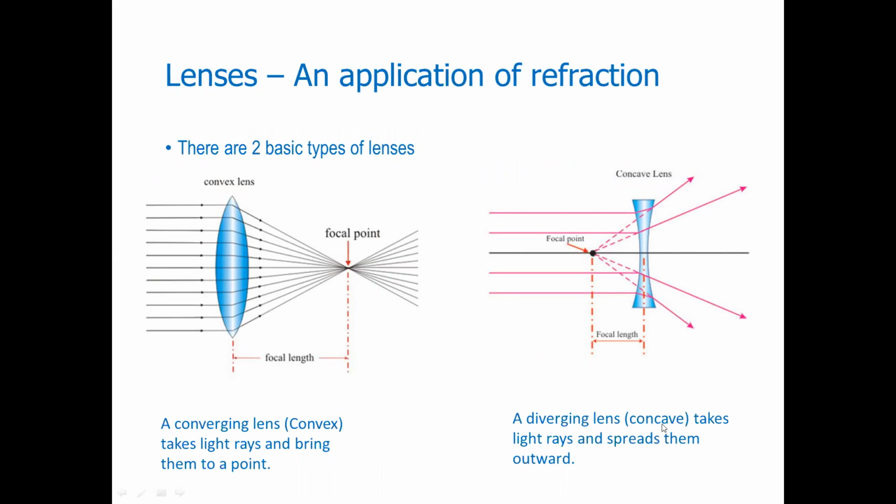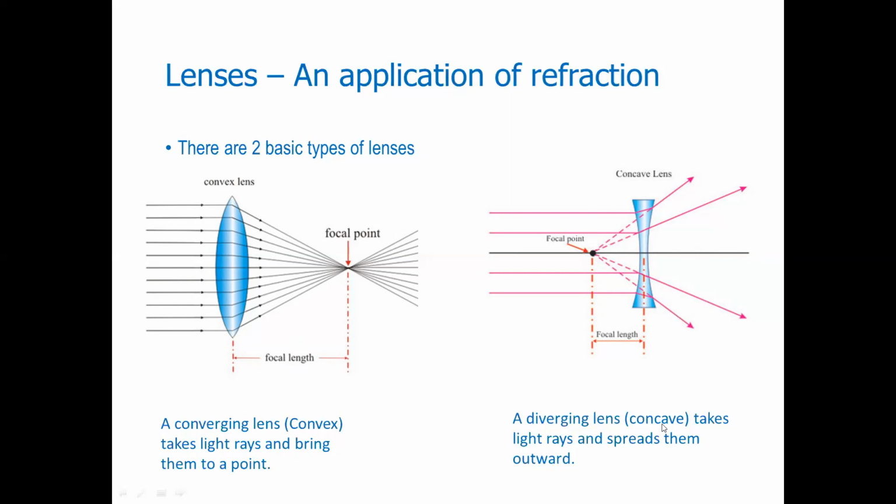Now there are two basic types of lenses. One is convex, another is concave. In case of a convex lens, the incident rays after being transmitted meet at a particular point. This point is called the focal point, and the distance from the focal point to the lens normal is called the focal length.